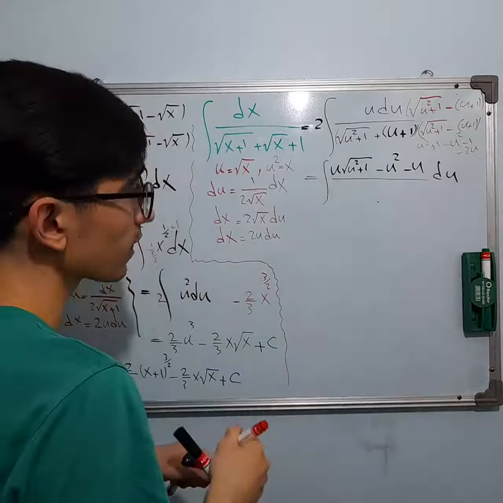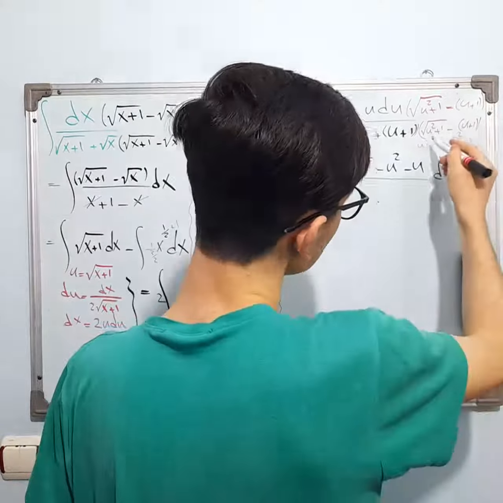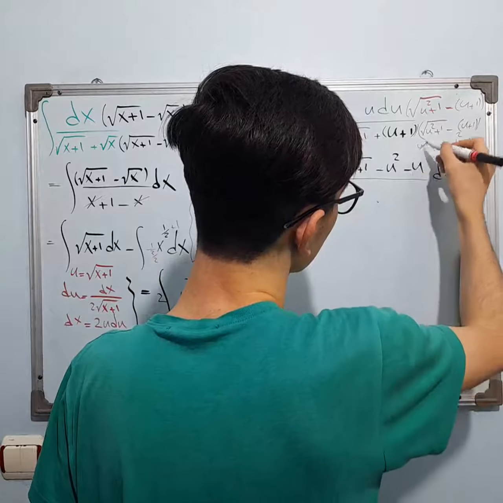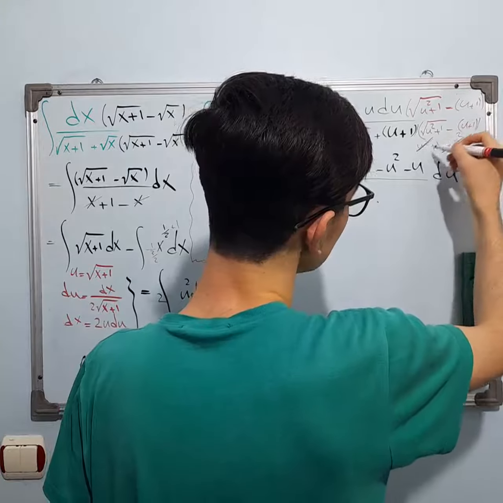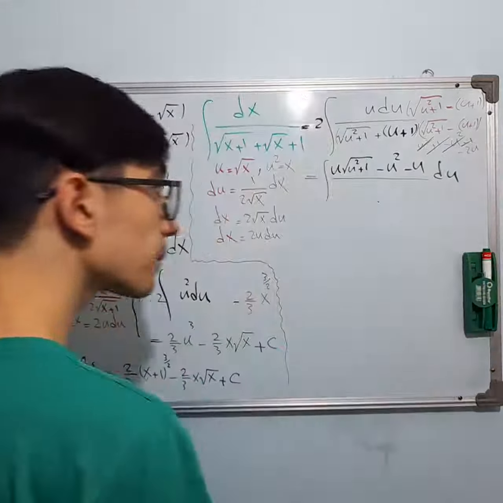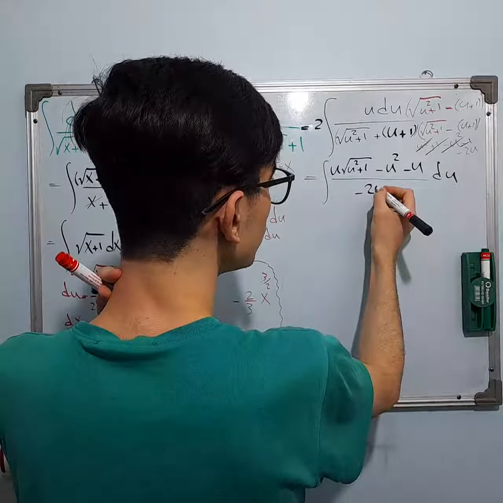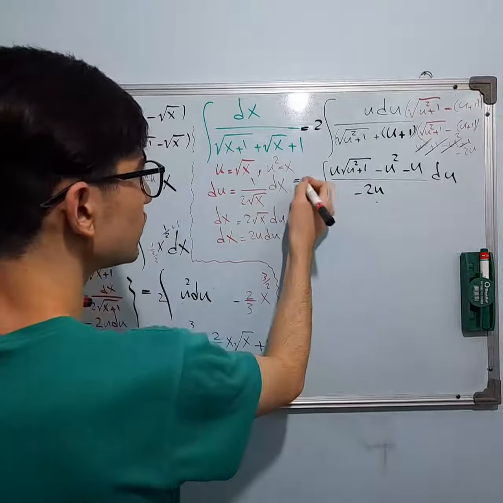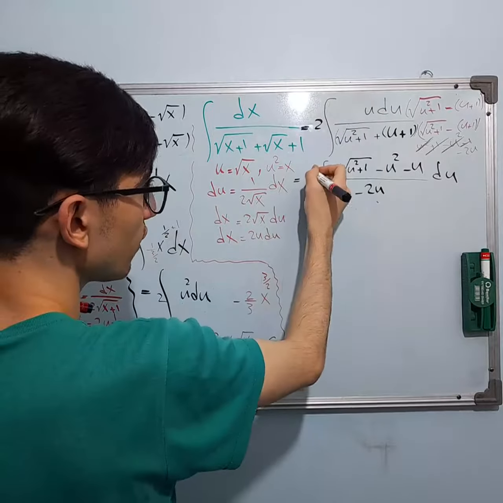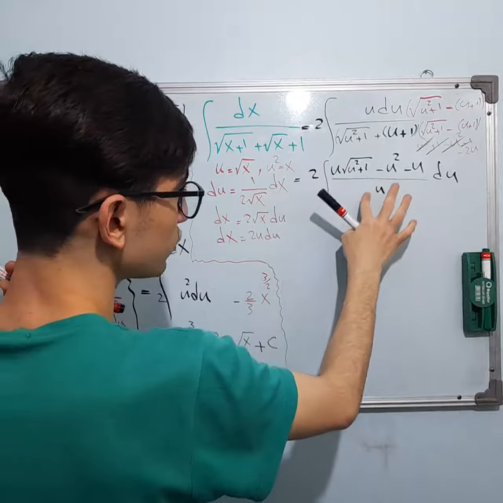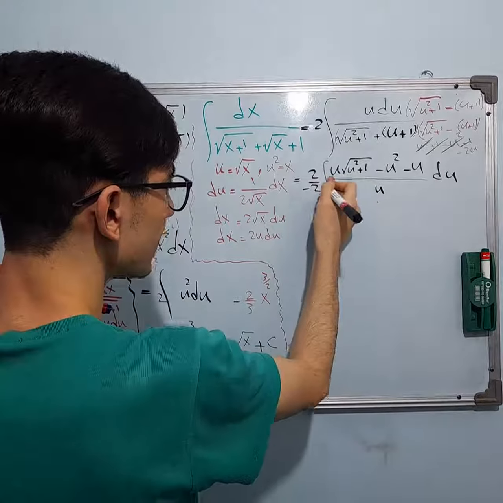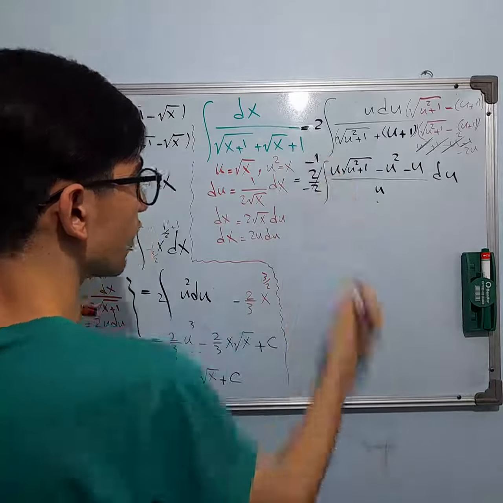So they just cancel each other out: u squared minus u squared, 1 minus 1. So in here we just have negative 2u, and there's also a 2 here, and I bring negative 2 here, and it's just negative 1.